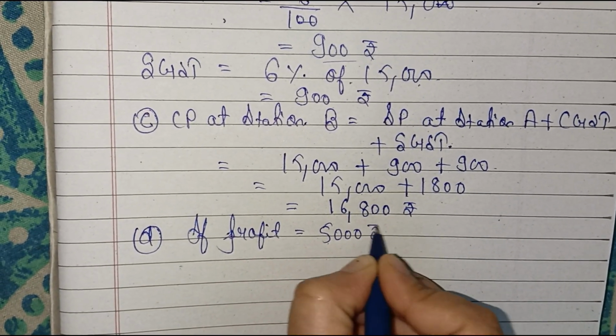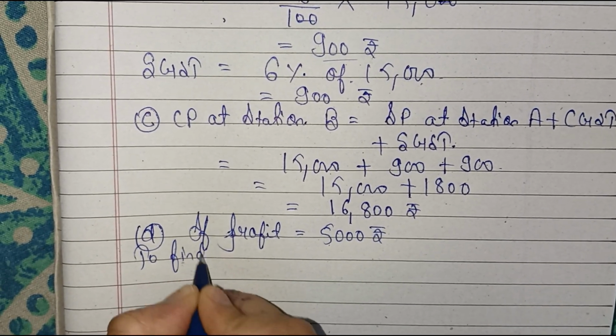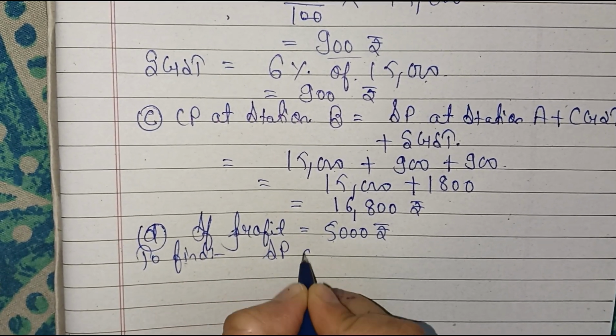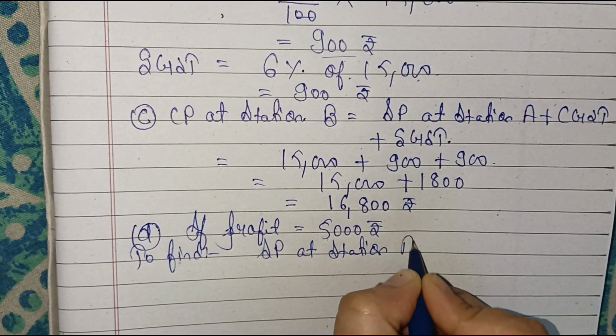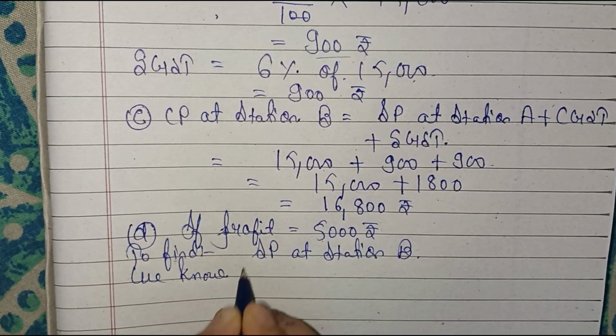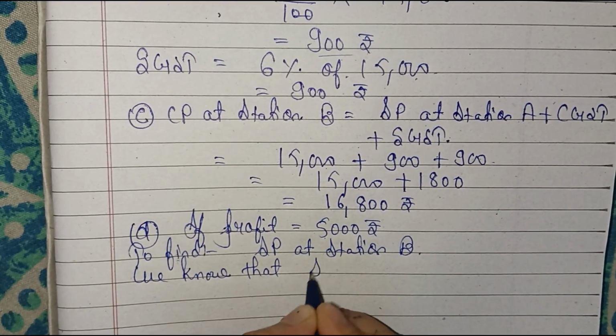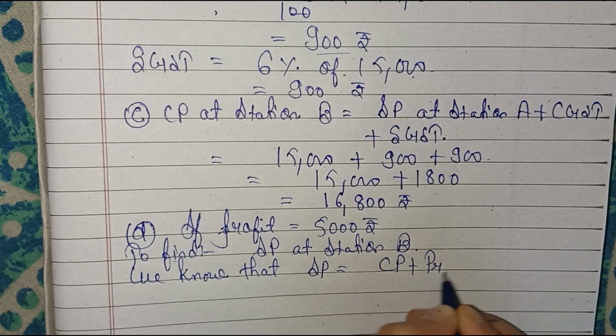5,000 rupees, to find SP at station B. We know that SP equal to CP plus profit.